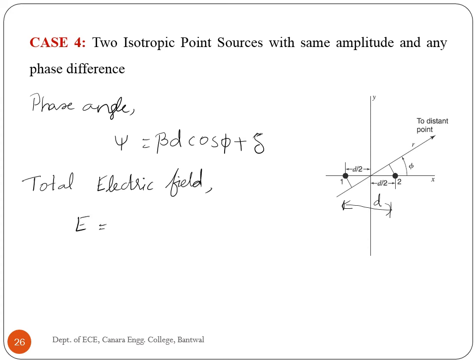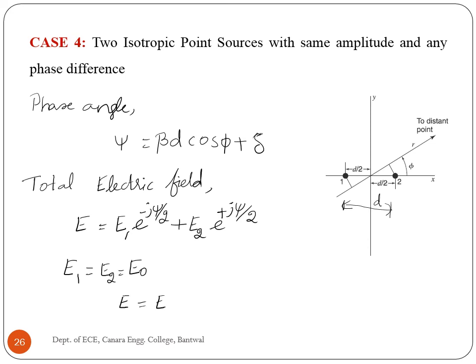E is equal to amplitude of source 1, phase at source 1, plus amplitude of source 2, phase at source 2. When two isotropic point sources have the same amplitude, then E1 equal to E2 equal to E naught. Therefore, total field is E naught times e to the power minus j xi by 2 plus e to the power j xi by 2.